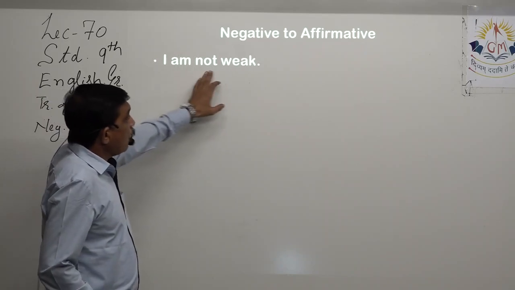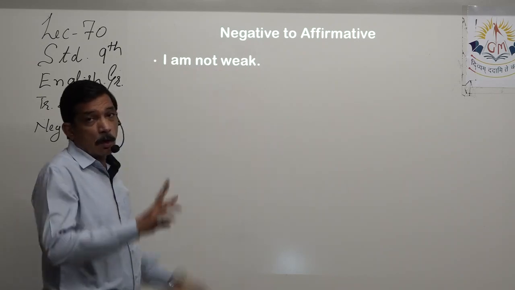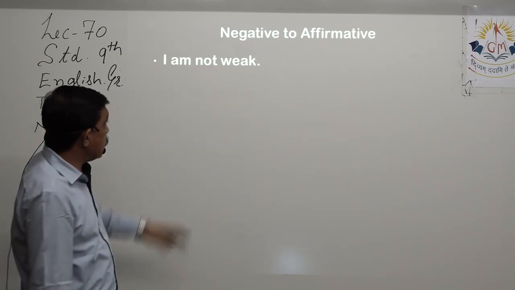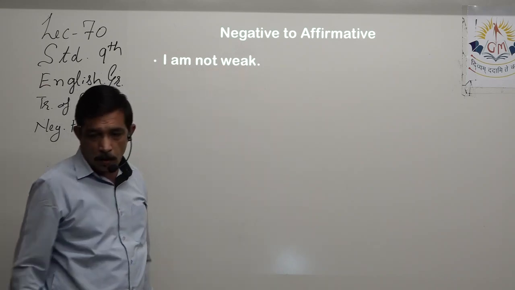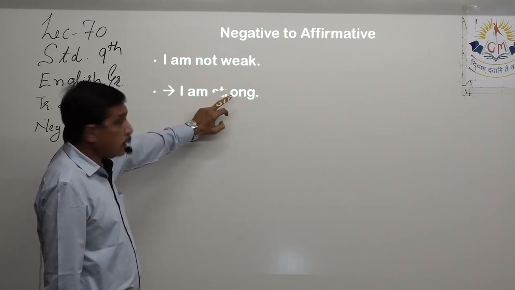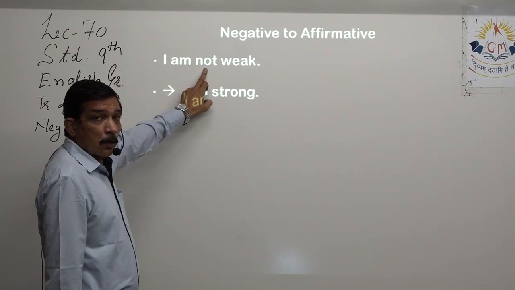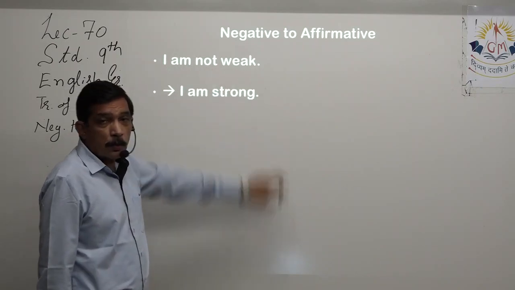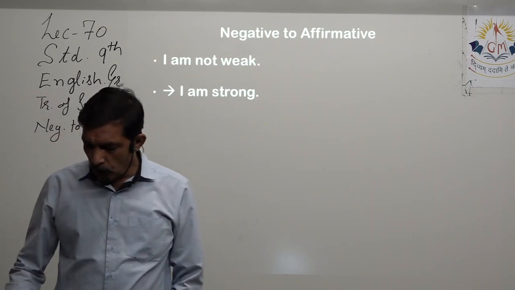So I am not weak, if I remove the negation, that will be I am weak, which is opposite to the meaning of the sentence. Not weak means strong. So I am strong is the answer, where we removed not and substituted weak with the antonym of weak, which is strong.